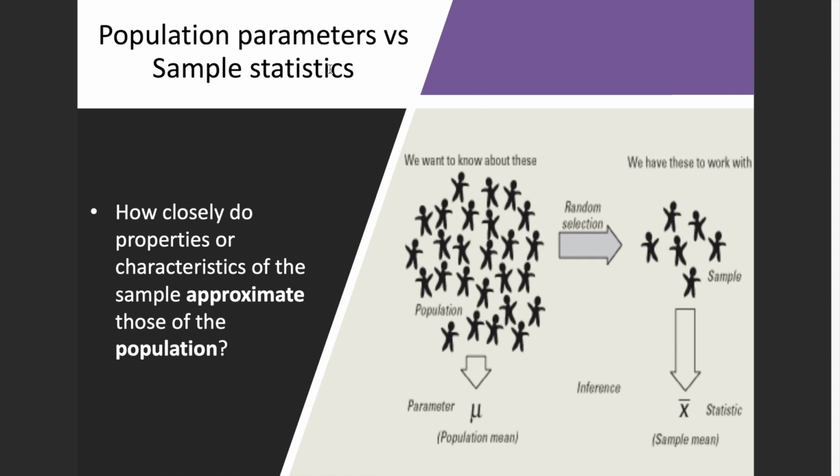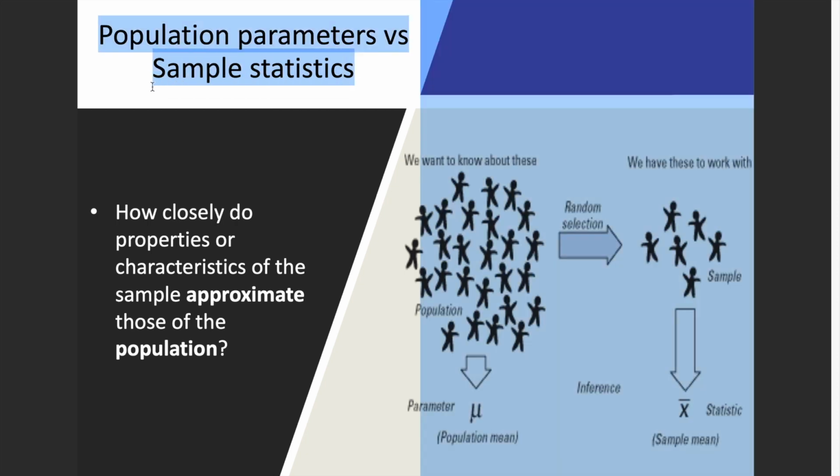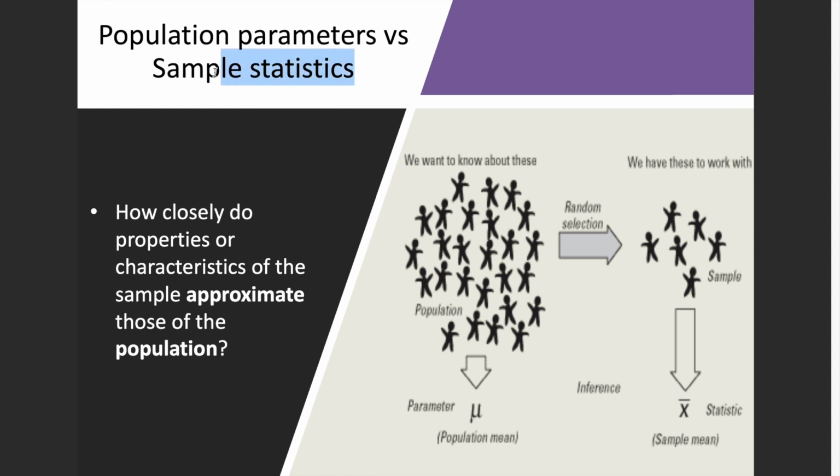How the sample statistics approximate the population parameters. That's what we do here. Because we don't want to get very tedious, no? We only measure the sample to infer the population parameters.